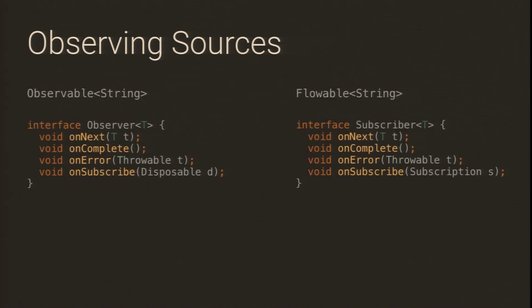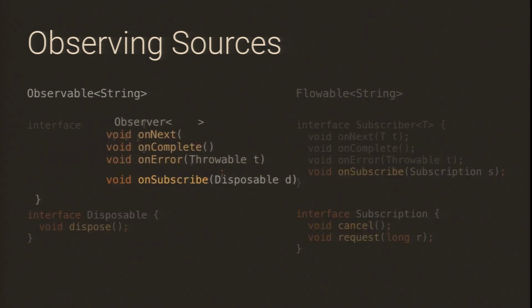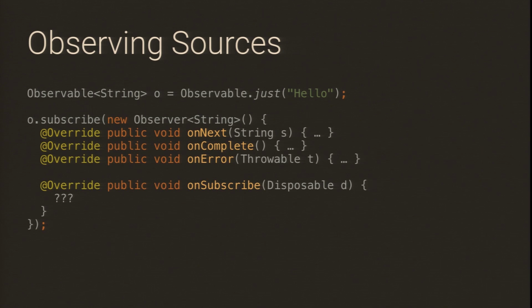So going back to how do we actually listen to these things, we looked at these interfaces already, and we looked at the difference between the subscribe types. And what's interesting is we're given this handle to the subscription, which is the mechanism we can use to unsubscribe. But if we're implementing this, especially if you're familiar with RxJava 1, this fourth callback is something new.